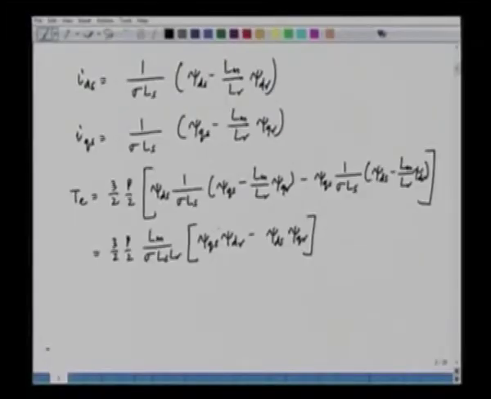Now, we have the expression which has psi Qs, psi ds, psi Qr and psi dr. We will try to find out what the meanings of these four fluxes are.